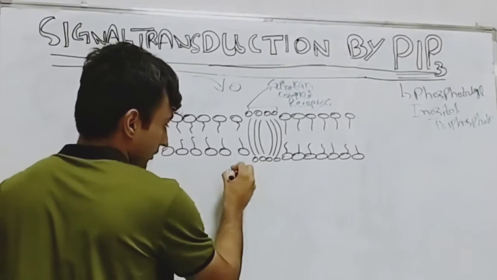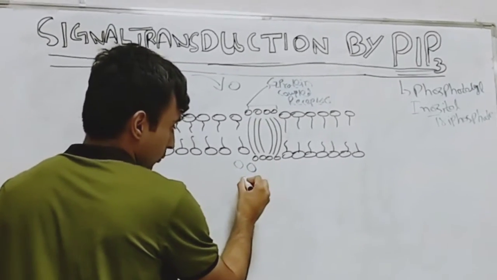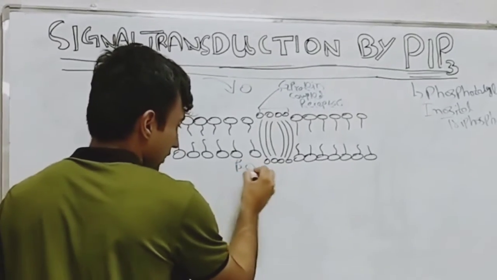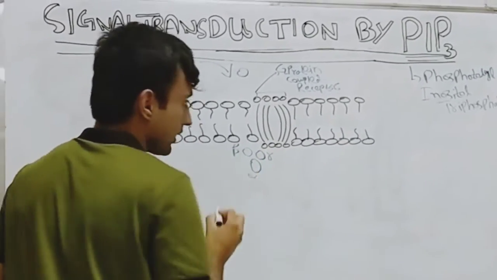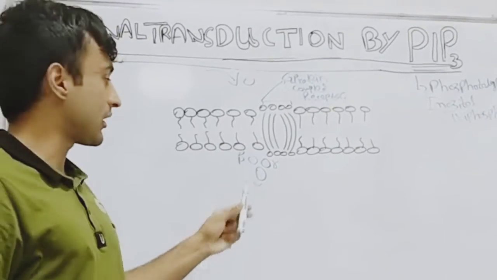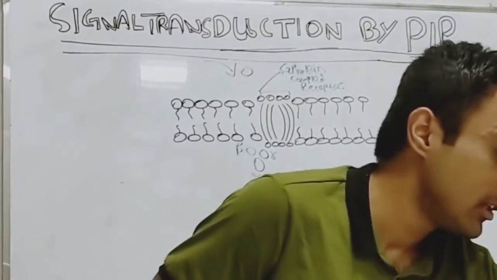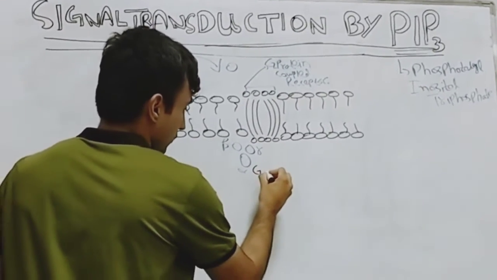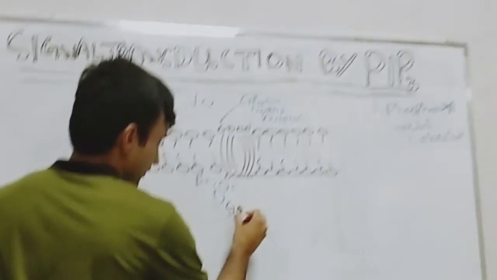Here a G protein complex is present which consists of the alpha, beta and gamma subunits. But in the case of the phosphatidyl inositol triphosphate, this G protein complex is designated as the GQ complex. So this is the GQ complex.